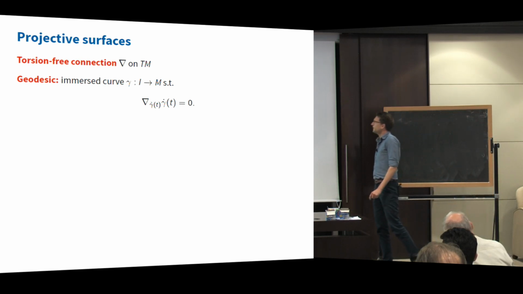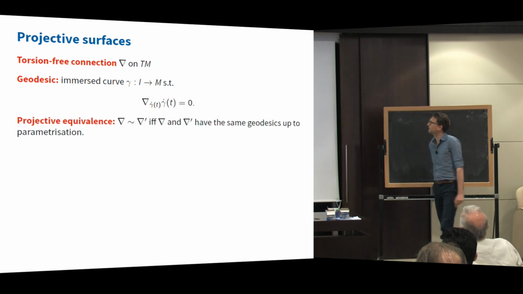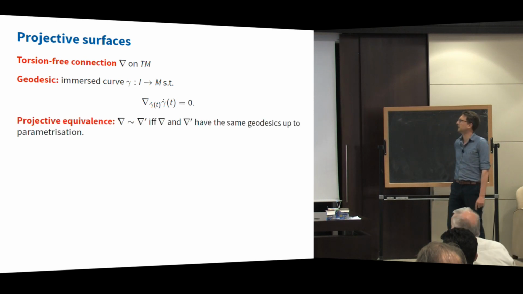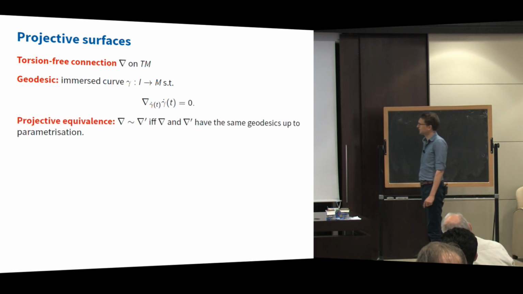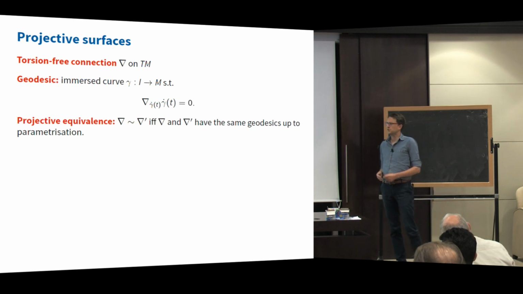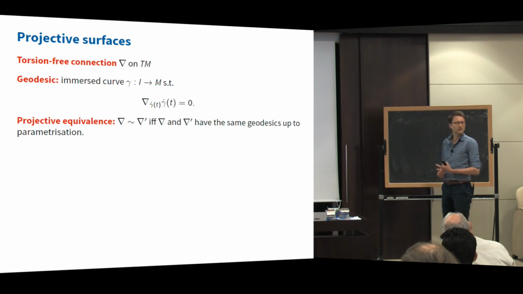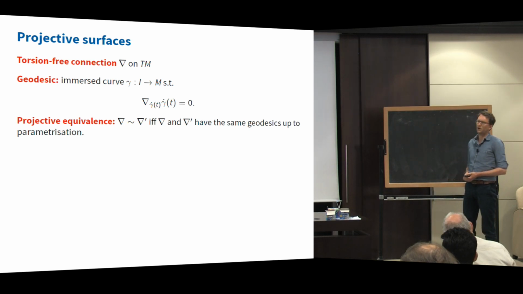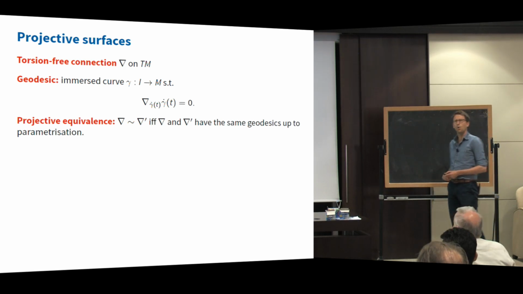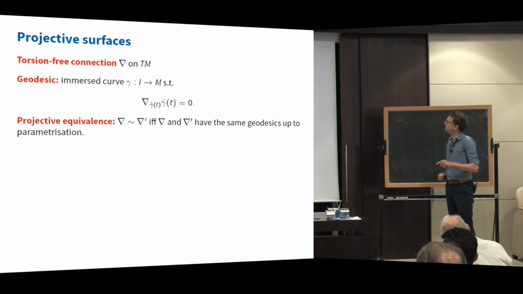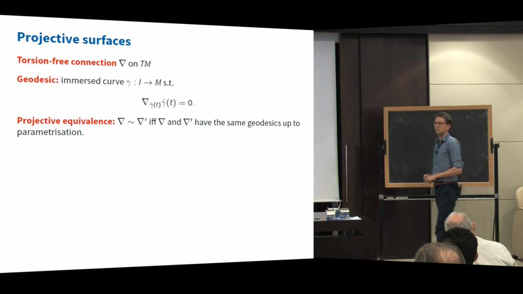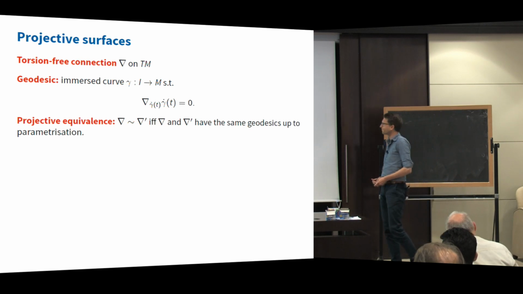This gives me a very simple and natural equivalence relation on the space of connections. I call two connections projectively equivalent if they have the same geodesics once I forget about parametrizations. More precisely, every geodesic of nabla can be reparametrized to become a geodesic of nabla prime.